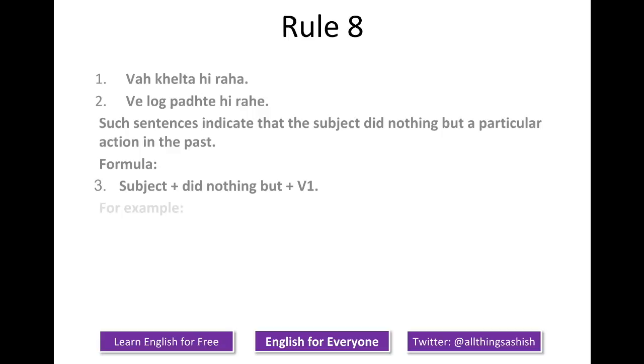For example, he did nothing but play. They did nothing but read. In all such sentences, you can see that we have not used the time reference because the time reference is implied or indicated here. It has not been directly stated.